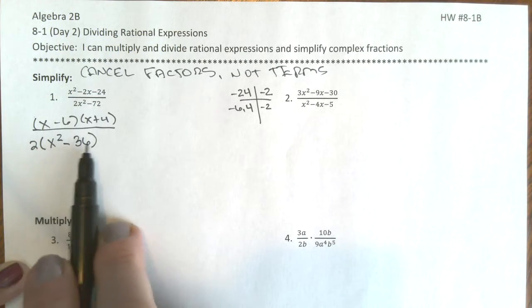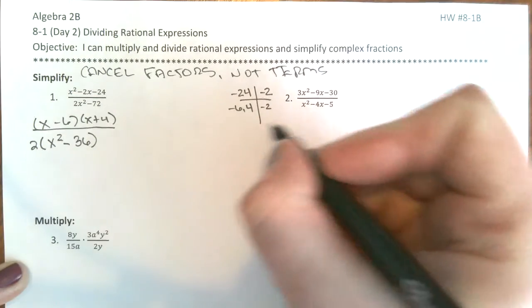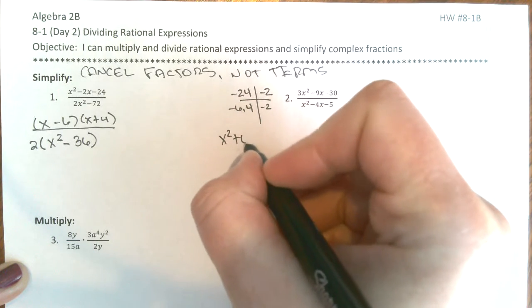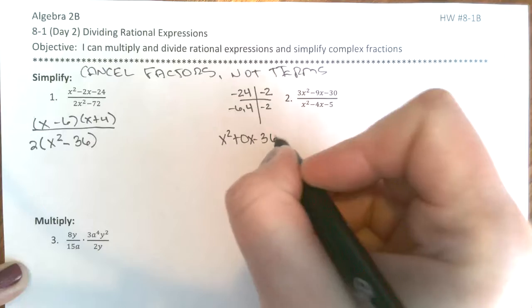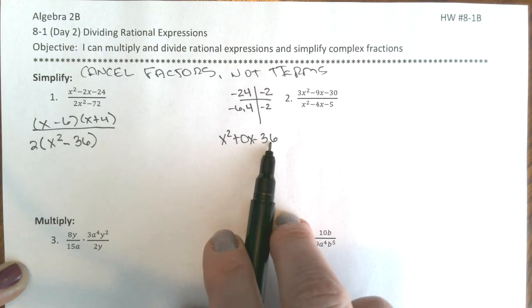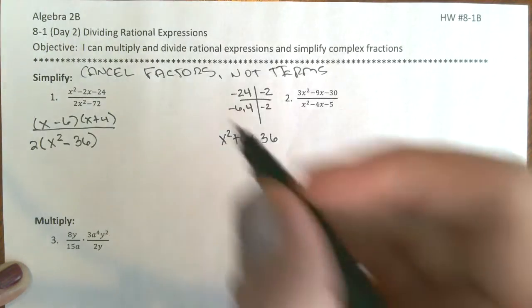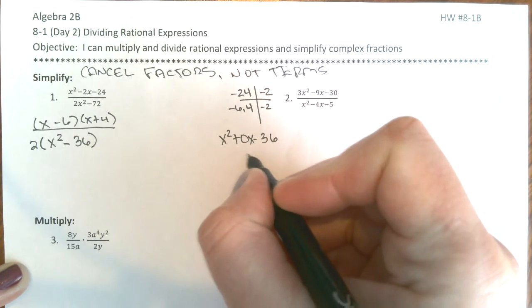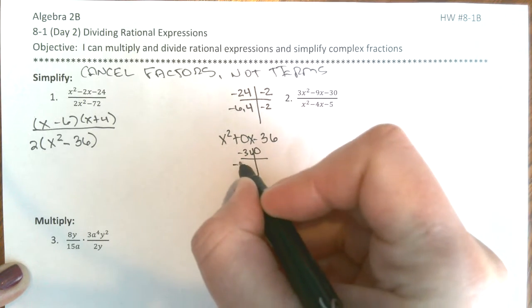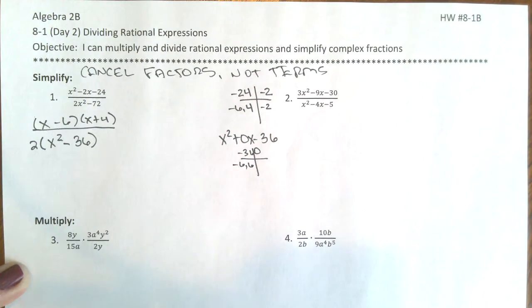Either you remember how to factor the difference of squares, or you need to put in a filler 0 there. X squared plus 0x minus 36. So you're asking yourself, what are my factors of negative 36 that add to 0? And you get negative 6 and positive 6.